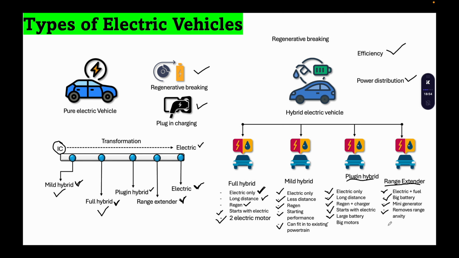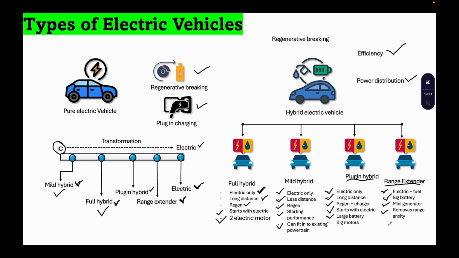So this is all about electric and hybrid electric vehicles. Mostly we discussed hybrid electric vehicles because there is a lot of confusion and many categories are available. We tried to cover most of the categories and how the distribution of the power happens.